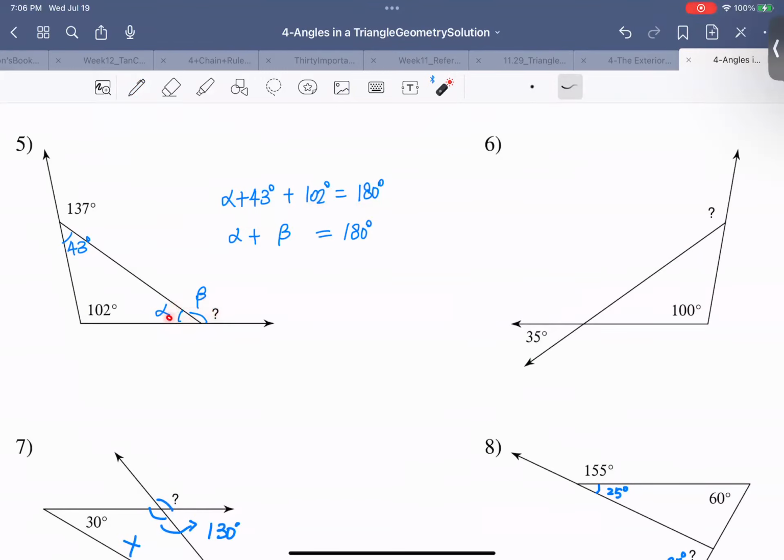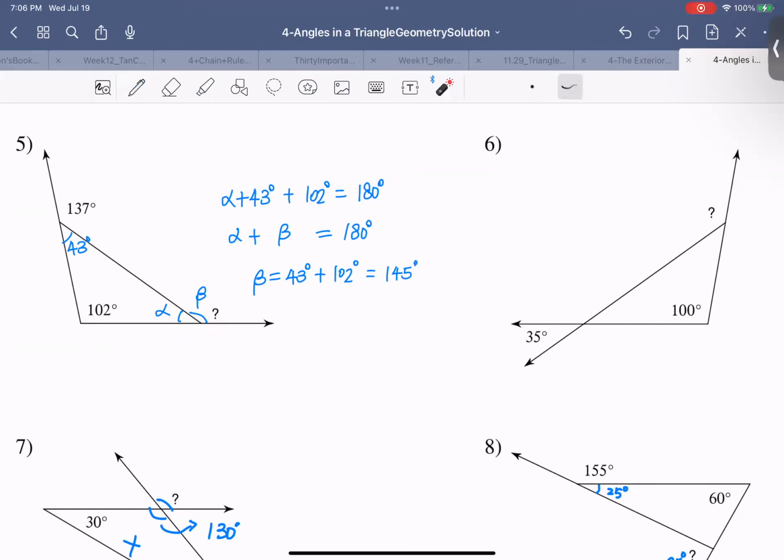These two are the same, and these two are the same. So beta equals this. We can do it in one step: beta equals 43 plus 102, which is 145. Does this make sense? Yes.